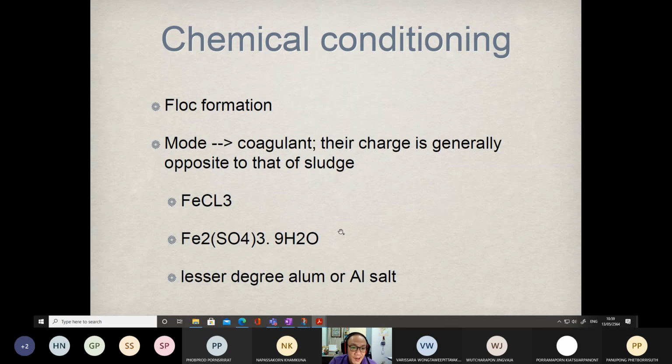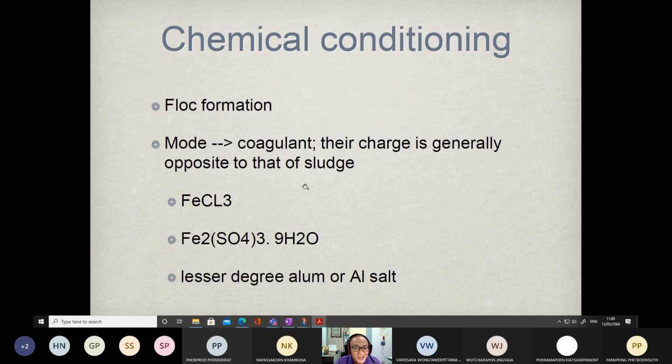It's the same concept as when we discussed coagulation and flocculation. Sometimes we have to add coagulants, chemicals whose charge is generally opposite to that of the sludge.